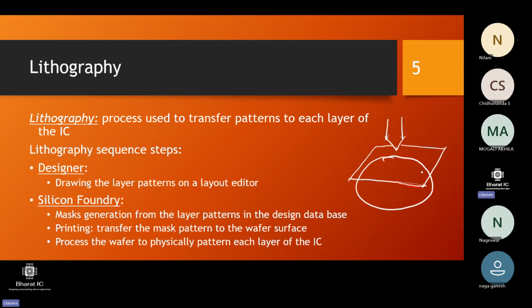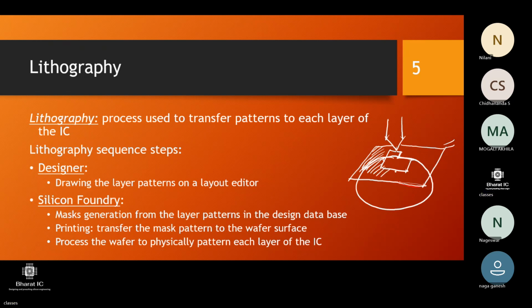This mask is designed by you, the analog layout engineers, in which you will see some kind of pattern. Suppose this pattern needs to be placed on the wafer. This pattern will be there, and the other parts will be hidden.